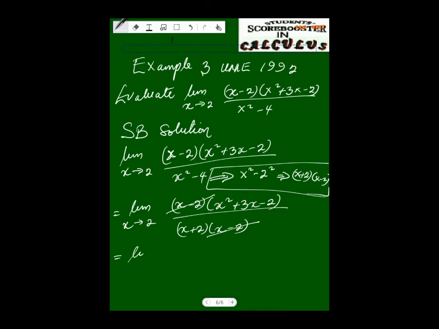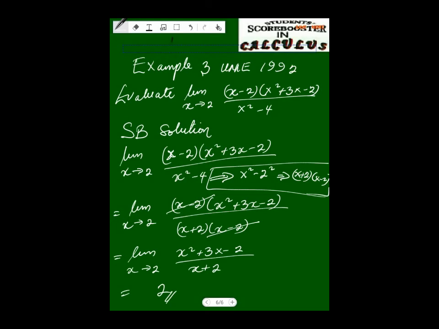So what I'm going to have is the limit as x tends to 2 of x squared plus 3x minus 2 over x plus 2. At this point, you could substitute for your x and get your final answer. I will leave the simplification for you. If you substitute, your answer is going to be 2. So just try the simplification.